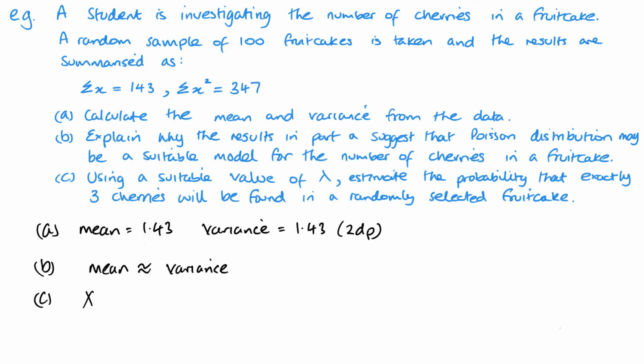That means that we're looking at X being distributed with Poisson, and then for lambda I'm going to choose 1.4. Now I did talk about being the same value, and 1.43 is the same value for both, so I could, I suppose, use that as the value of lambda. The reason I'm actually using 1 decimal place is that my knowledge of statistics is very much limited to this A level, as in S1, S2.